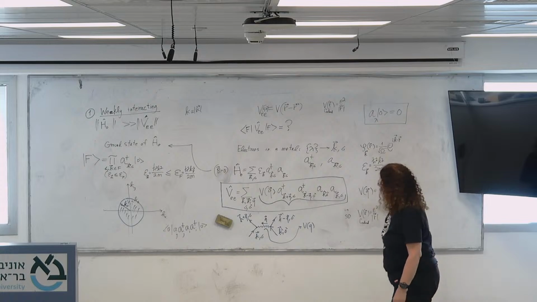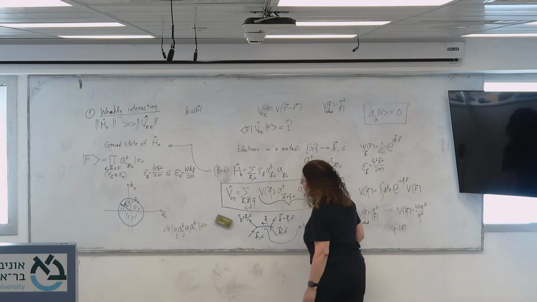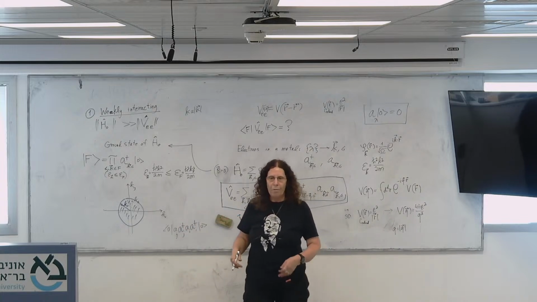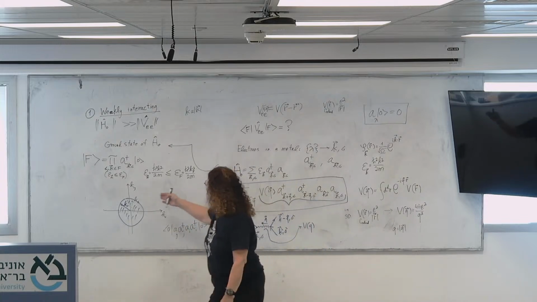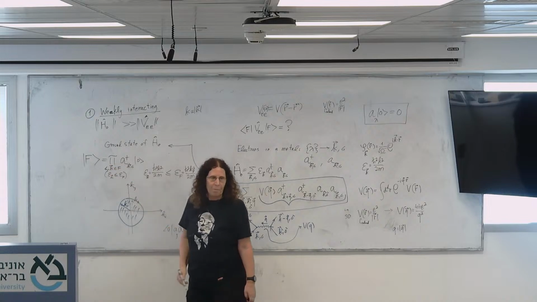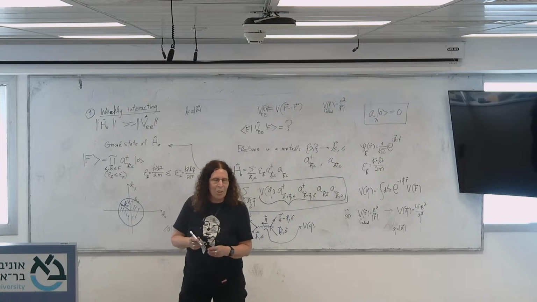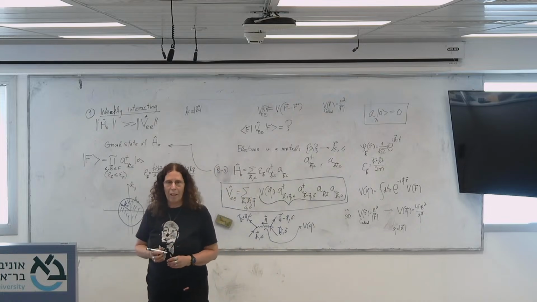Okay? But now we don't have just 2 operators, 3, 4. We have 10 to the 12. In fact, we have a continuum of such things. So we're not going to start reshuffling. It's going to be very complicated.